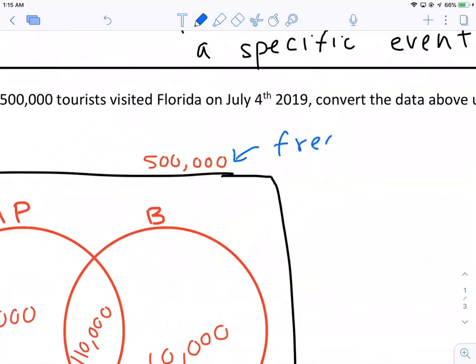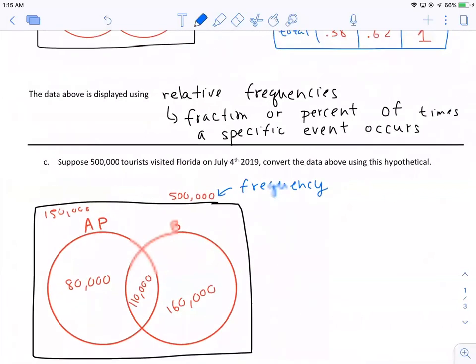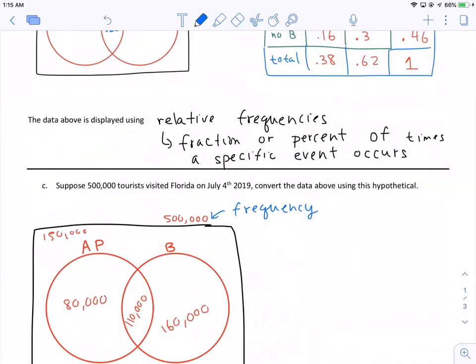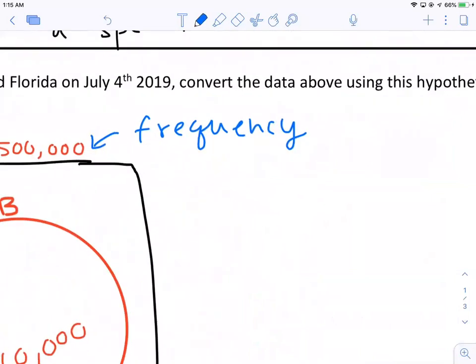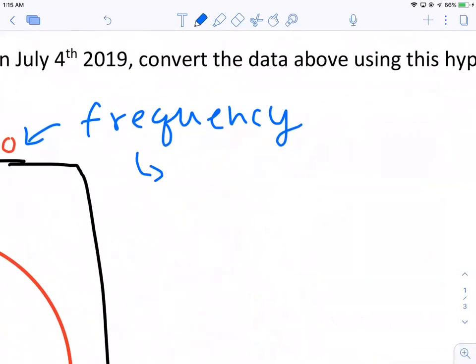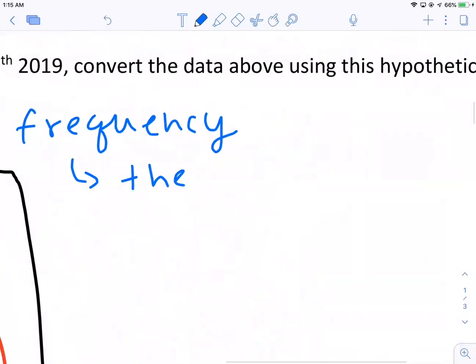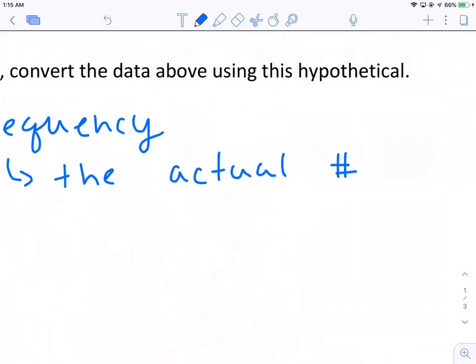So that is the frequency. Relative frequency, we write as a fraction or percent of the total, right? Frequency is the actual number.